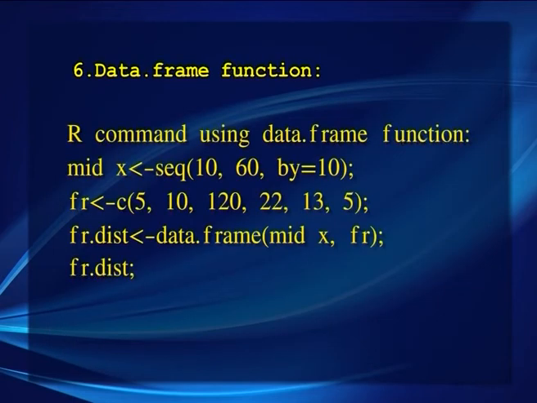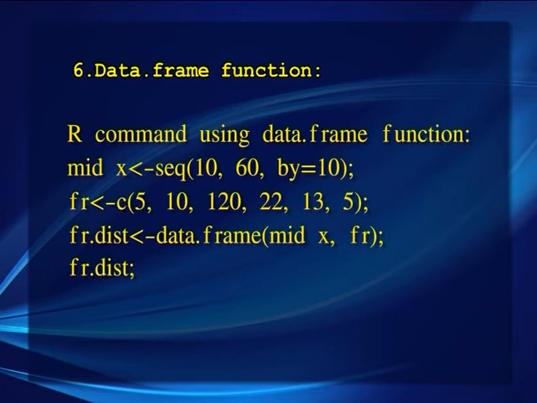R command using the data.frame function. We take the variable mid.x, assignment operator, then use the sequence operator 10 to 60 and give the increment by 10. Then we take the fr variable, we use the combine operator c(5, 10, 120, 22, 13, 5).